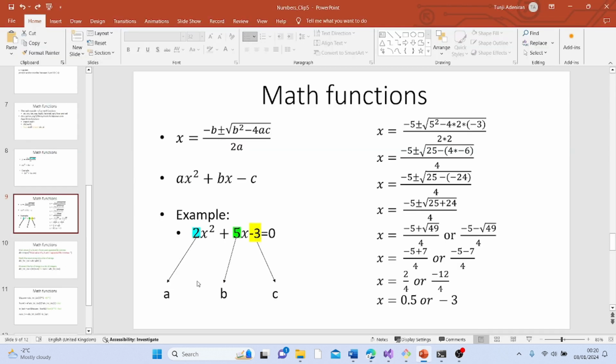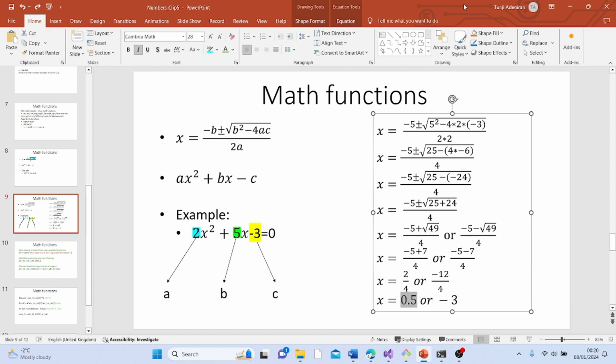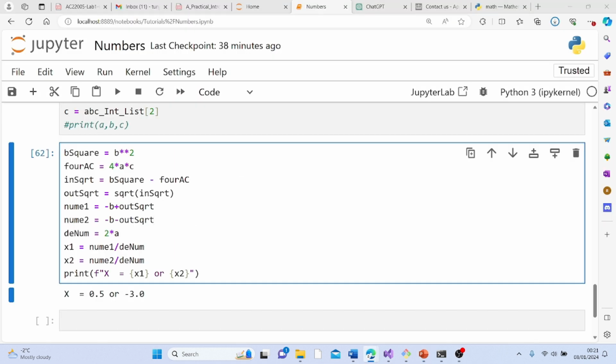See, this is our A, B, C. And if you put the A, B, C inside this equation and you work it down, you get 0.5 and -3. And that is the brief illustration about numbers that I want us to look at in this section.